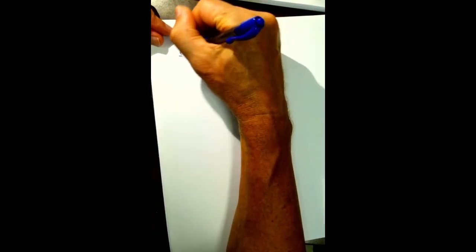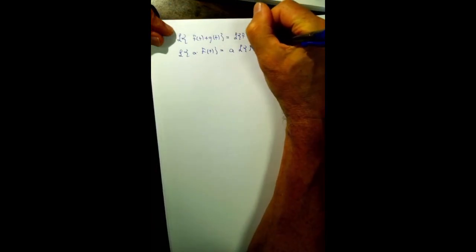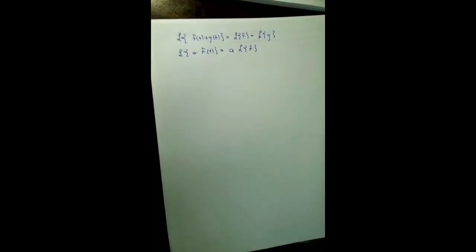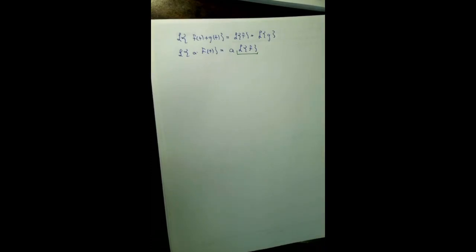All right. Also, if I take the Laplace transform of a constant times f, I can just pull that constant out. It just becomes a times the Laplace transform of f. This thing is an integral, and it obeys all the same properties of integrals.